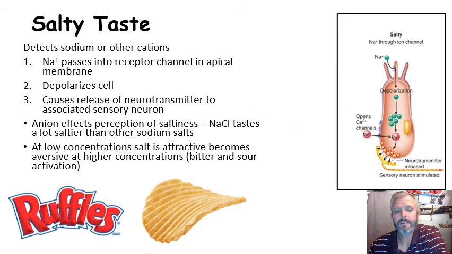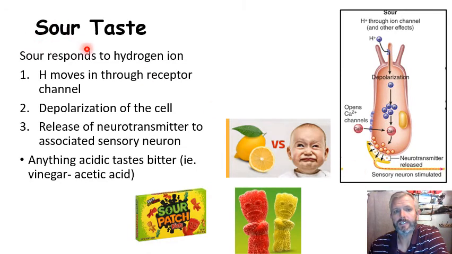The next, we got our sour taste. And sour foods are those that have hydrogen ions. They are acidic foods. Okay? Hydrogen ions, what do they have in them? A positive charge. So you eat an acidic food, there are going to be lots of these protons out there.